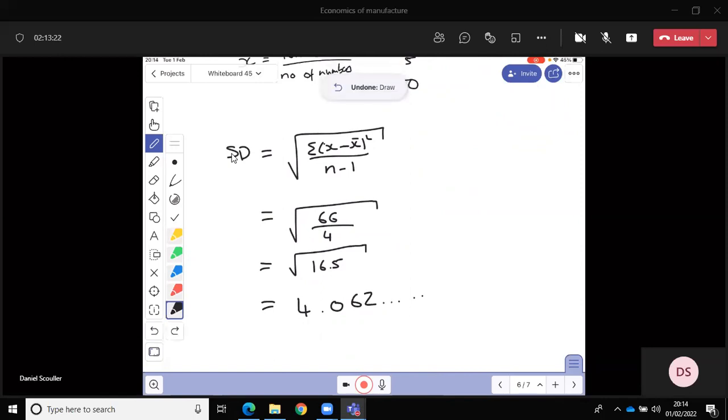Or if you just want to do it to 2 decimal places, the standard deviation, or the spread of it, would be 4.06. So in regards to how much work you need to do, certainly more work, but the equation that they give you looks more complicated than it actually is.